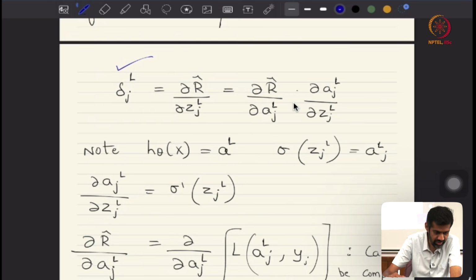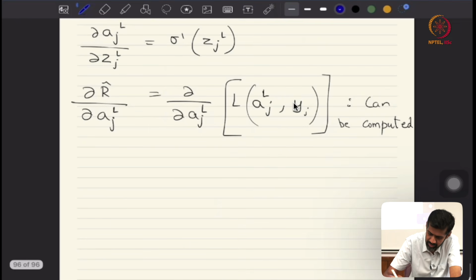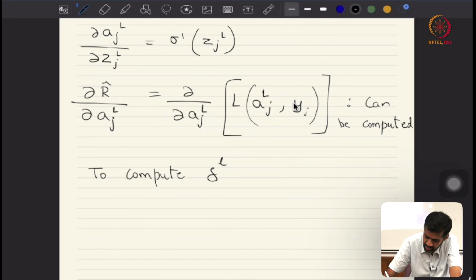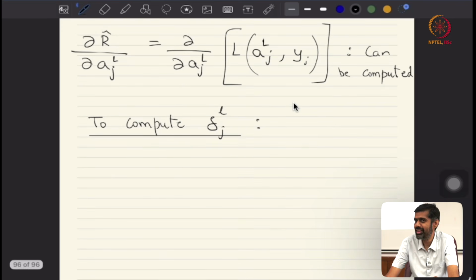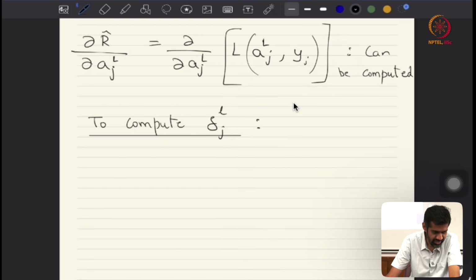So now, to compute the error that is there in some hidden layer, lth layer, for the jth neuron. See, the algebra seems a bit clumsy and involved, but all we are doing is chain rule, repeated application of chain rule. Okay. So now we will do that.